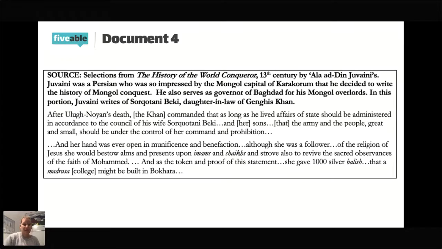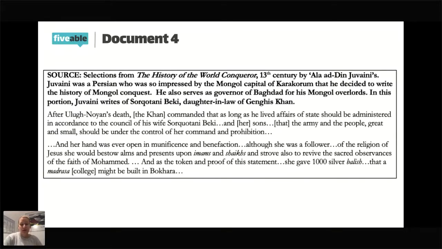Well, for that, we can say that the Mongols set up governors to help rule their ever-extending kingdoms. And in his writing, Juvani was wanting to make them seem open and tolerant and put them on a high pedestal so that he could retain his position as governor under his Mongol overlords.